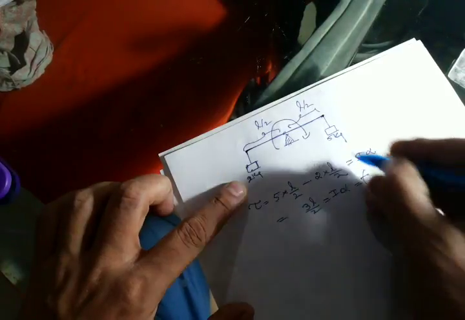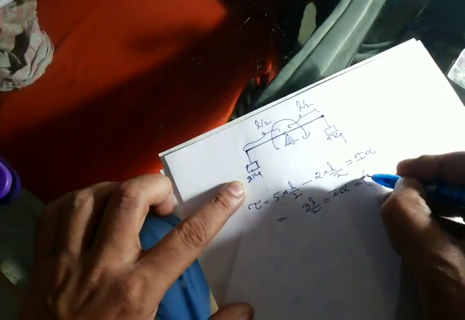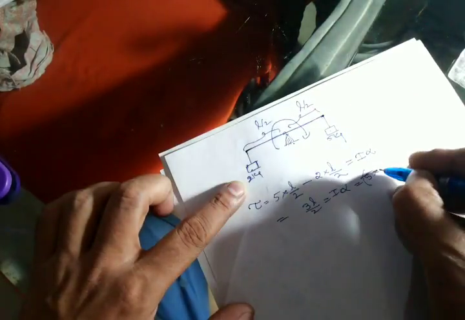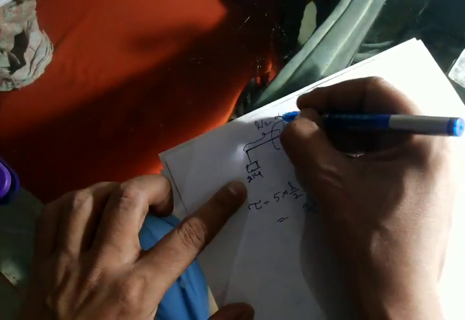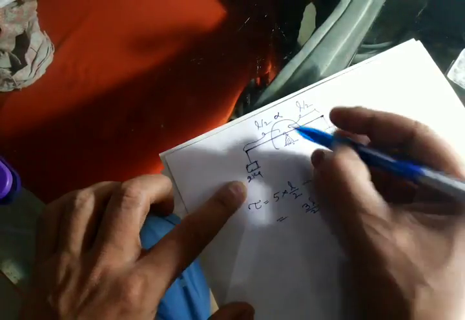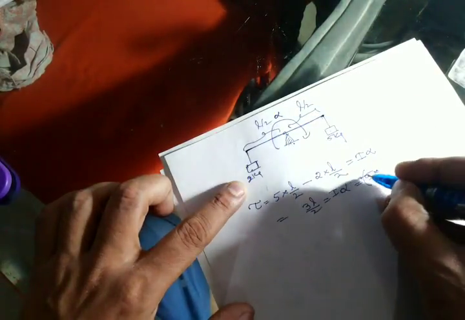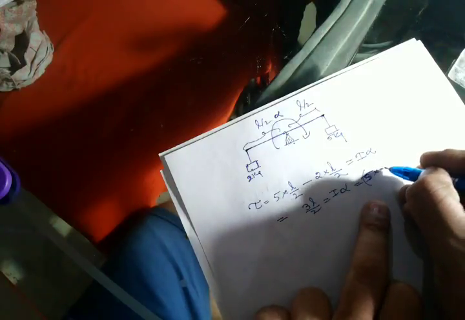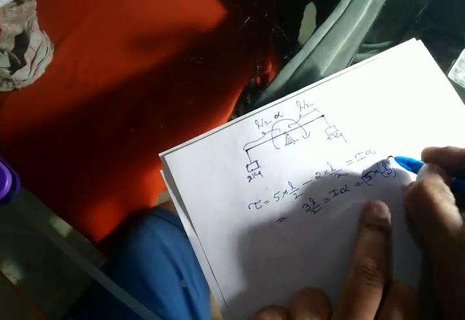What will be the I for this one? 5 into distance L by 2. This is the angular acceleration. 5 into r square, that is (L by 2) square.